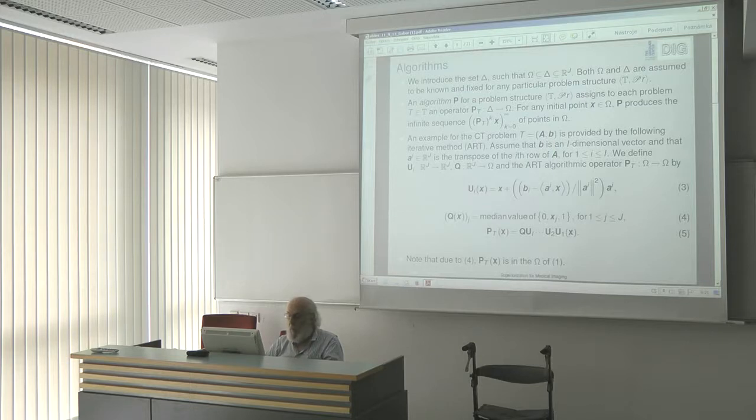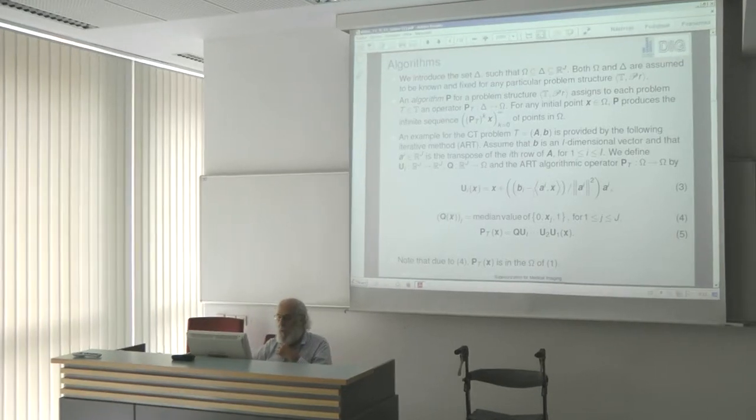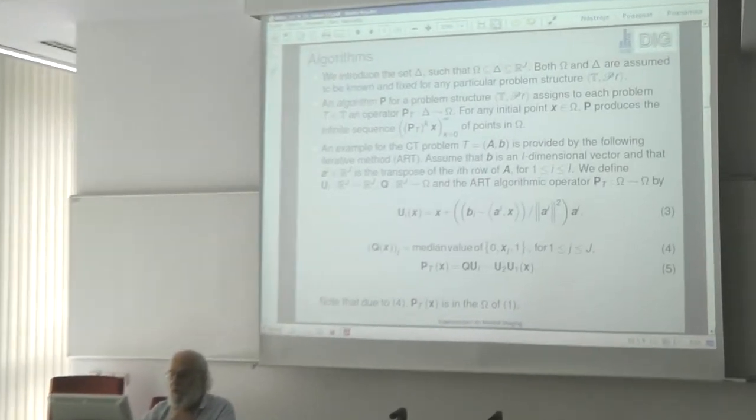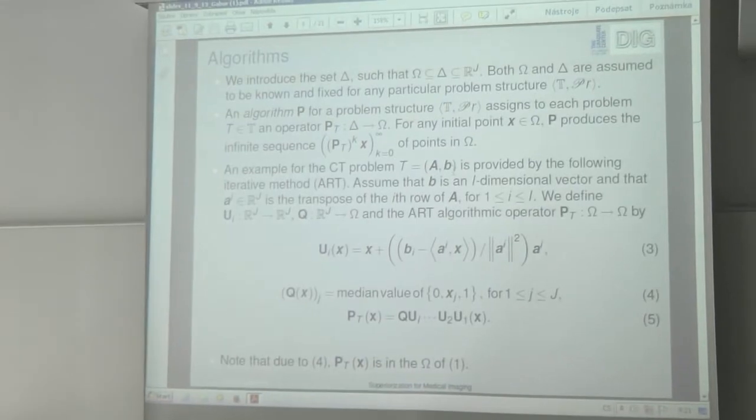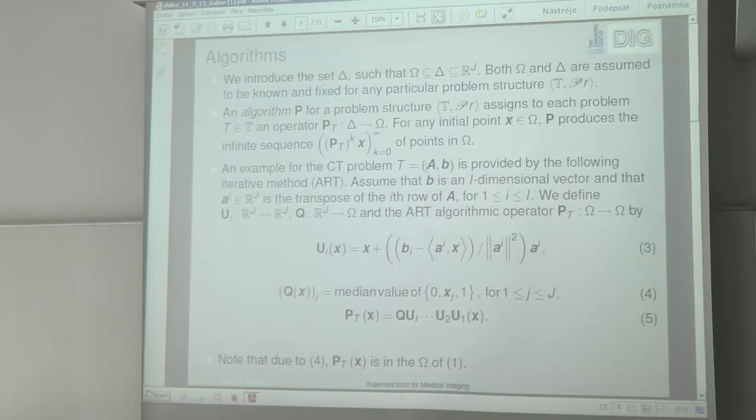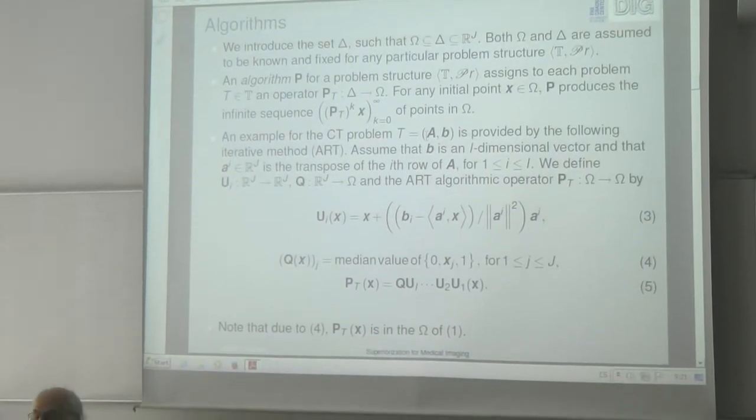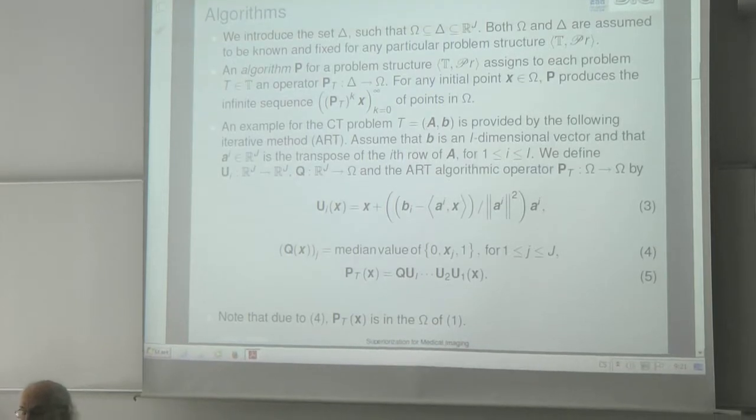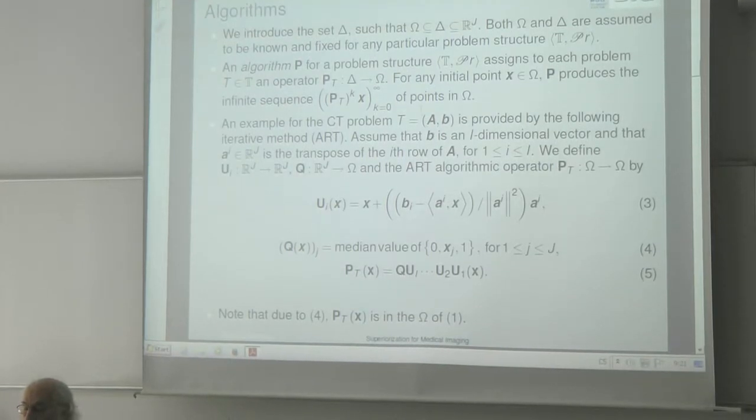And you get there by a sequence of sub-steps, u_1 up to u_I, where u_i has to do with the ith equation in this system of equations. It's a system with a matrix and a measurement vector, so each row provides you with an equation, a_i x equals b_i.